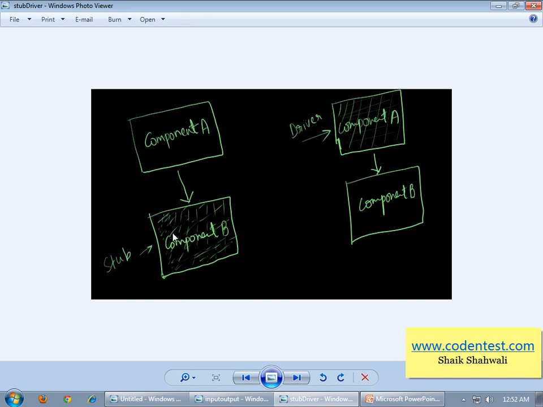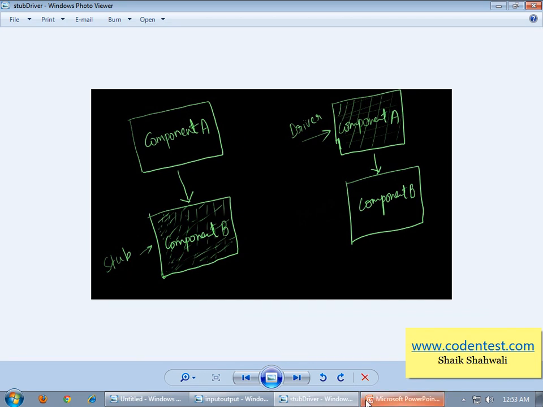This component B is our called component, isn't it? We are calling this component. So pseudocode written for a called component is a stub.